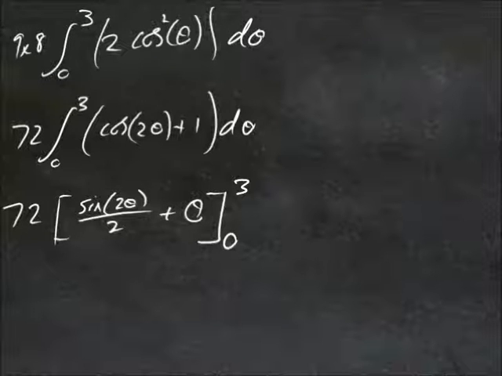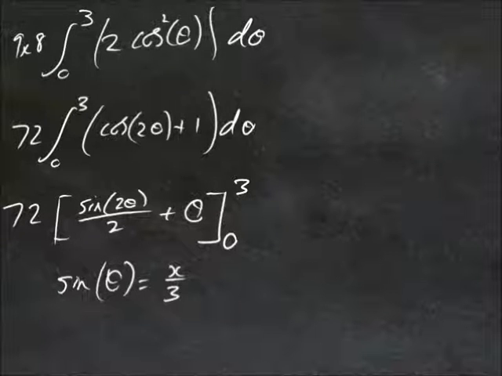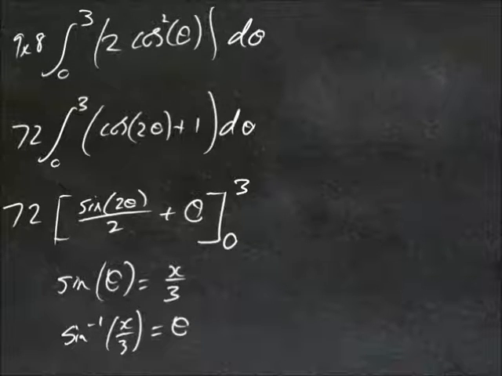So we previously said that sine theta is equal to x on 3. Therefore we can say that sine inverse of x on 3 equals theta.